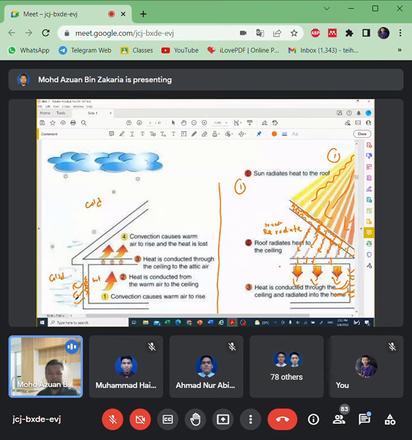So what happens is we release the heat to the outside, and if the indoor area is cooler than the structure, it will release to the inside. If it is okay, no problem, we want the heat to release to the outside. But in some cases, the heat will release to the inside because the indoor temperature is cooler than the structure.